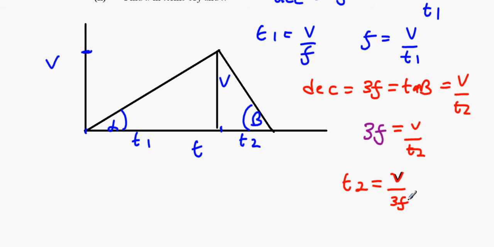So what we can say is that t2 is 3 times smaller than t1. If we want to get t1 divided by t2, all we have to do is this. We can say v over f divided by v over 3f.